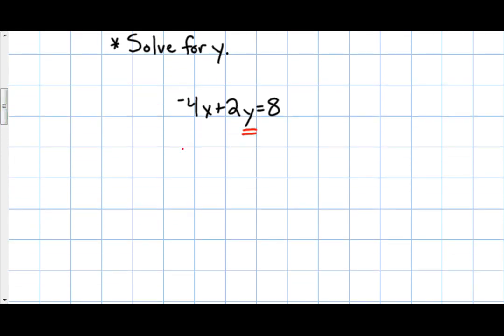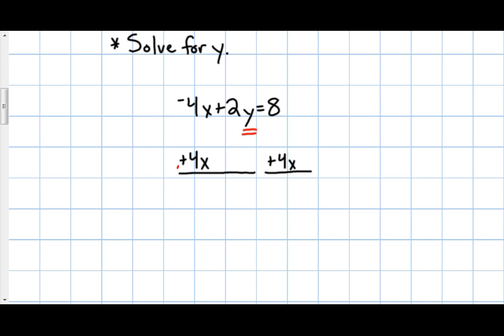So, let's get rid of that 4x. So, negative 4x, well, I'm going to add 4x to this side. If I add it to this side, I've got to add it to this side. Just to review, that equal sign is like a scale. Whatever you add to one side, you have to add to the other.